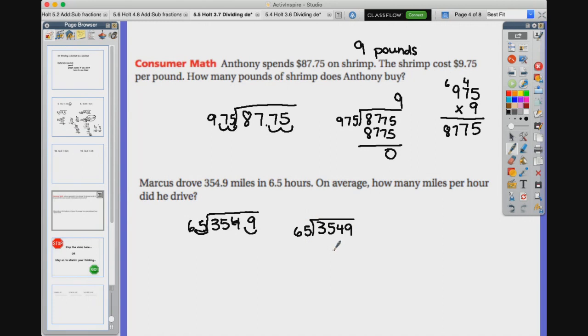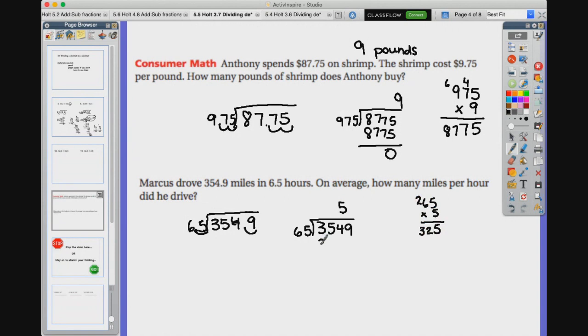So we're going to say, how many times does 65 go into 3,549? And I'm going to say, let's see, 354 to 65, probably about 5 times maybe. So 65 times 5. 5 times 5 is 25. 6 times 5 is 30 plus 2, 32.